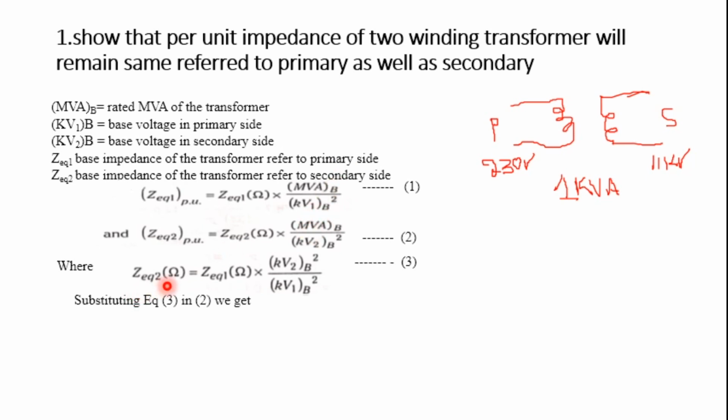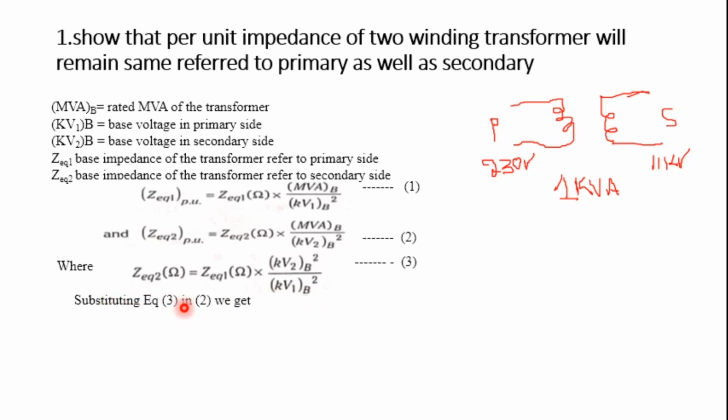So what will you get? Z equivalent 2 divided by Z equivalent 1 is equal to kV2 base squared divided by kV1 base squared. So we are supposed to calculate Z equivalent 2, which is equal to Z equivalent 1 in ohm into kV2 base squared divided by kV1 base squared.